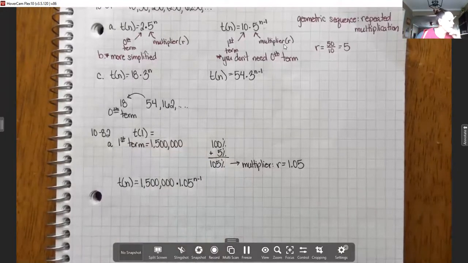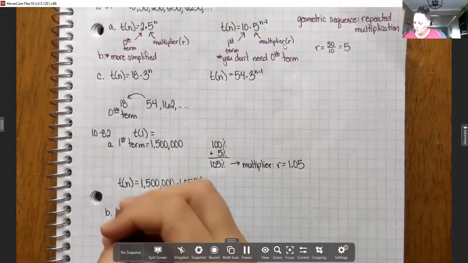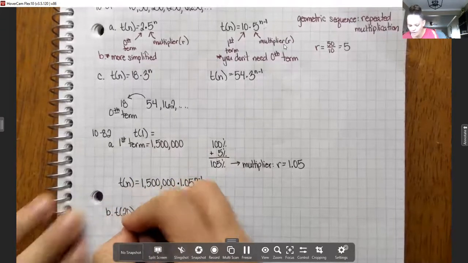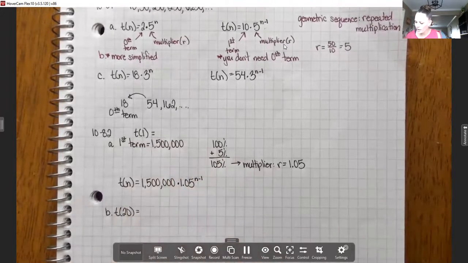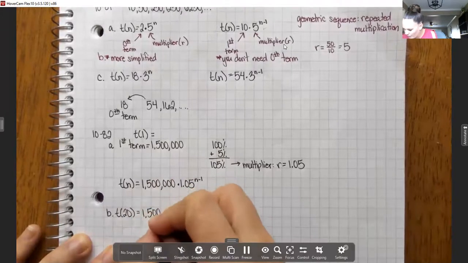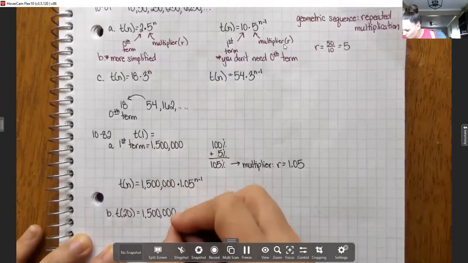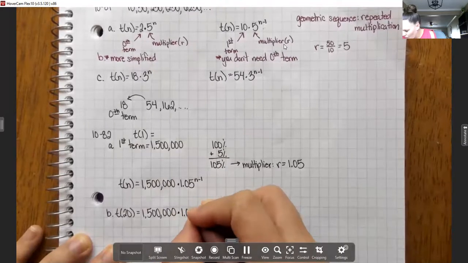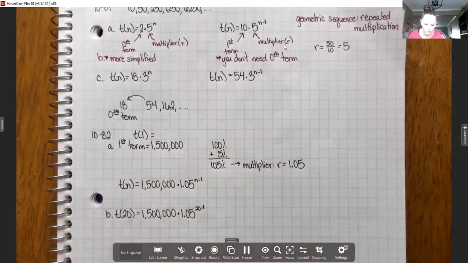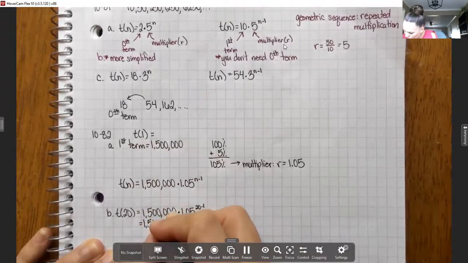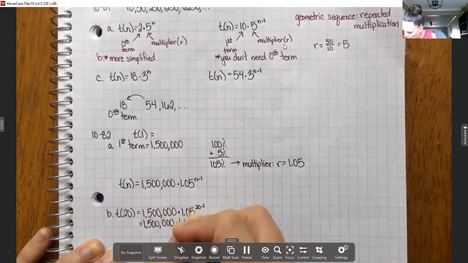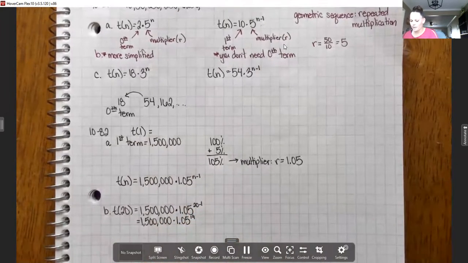Part B says, if he takes the payments over time, how much will he receive in the 20th year? So B is T of 20. For T of 20, we're going to plug in 20 for n in our exponent. So 1,500,000 times 1.05 to the power of 20 minus 1. You can type it into your calculator like that, or you can type it in with an exponent of 19, since 20 minus 1 is 19.